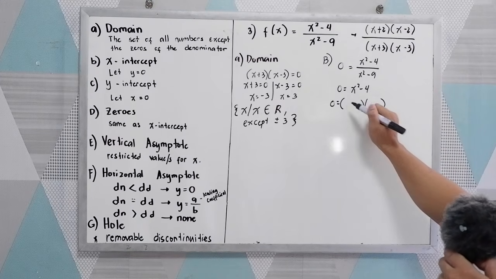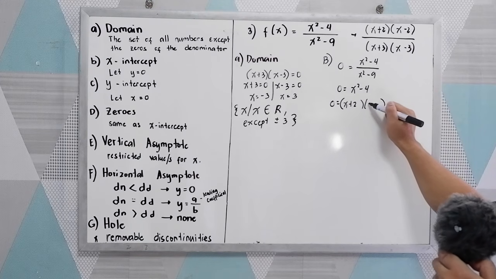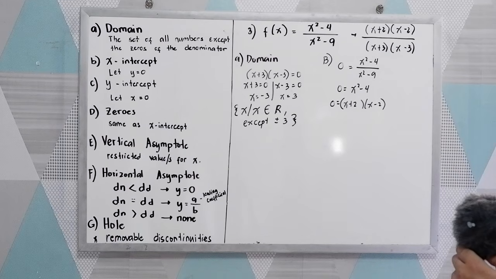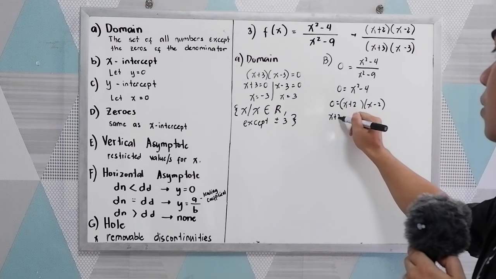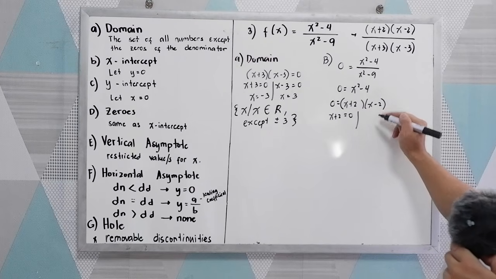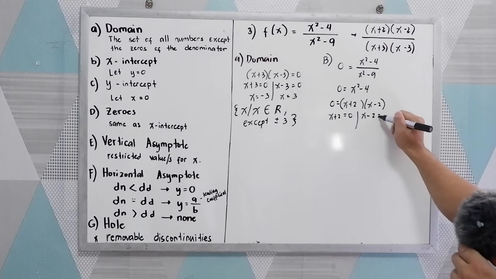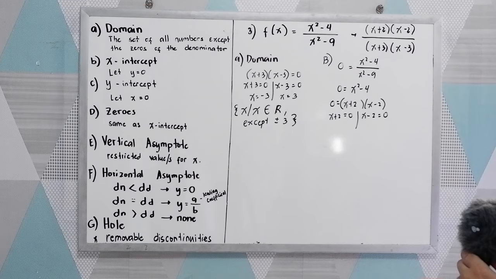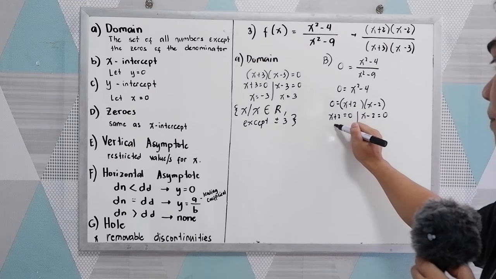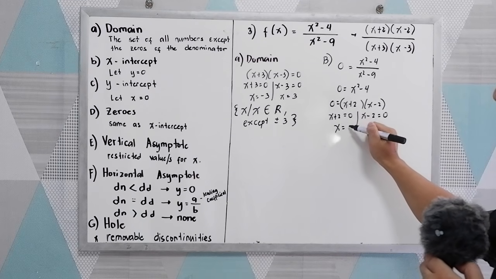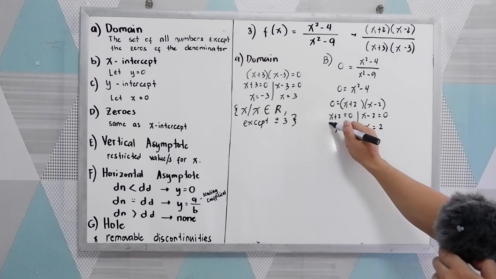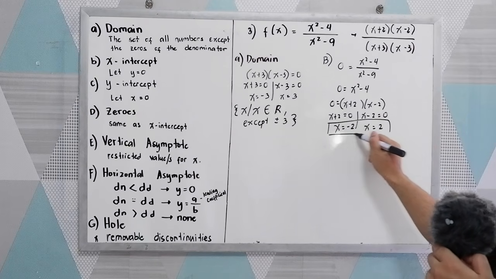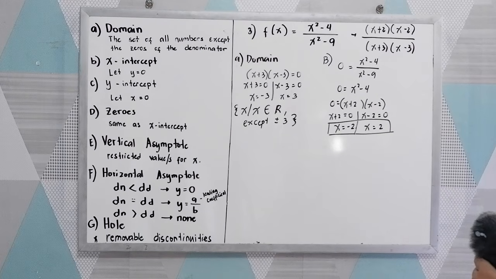Factors are x plus 2, x minus 2. Now equate to 0. So x plus 2 is equal to 0. The other one, x minus 2 is equal to 0. So our x-intercept, we have two values. We have negative 2 and positive 2. Okay. That is our x-intercept.